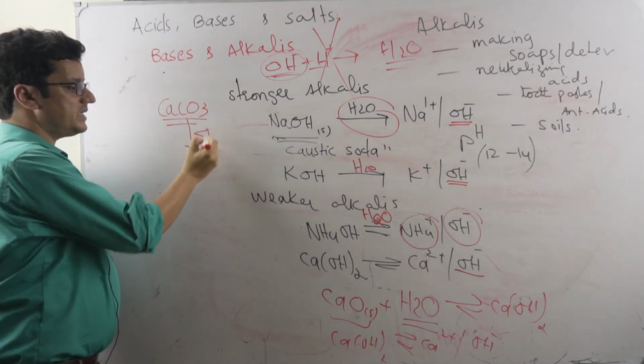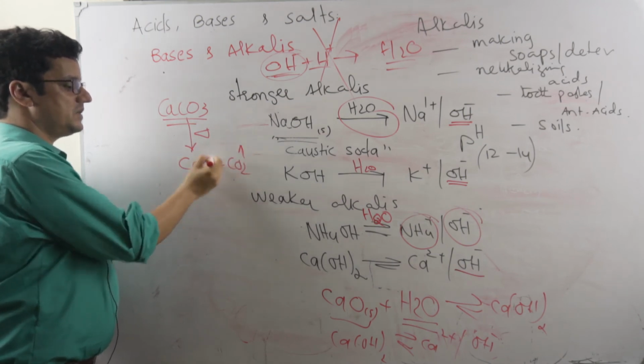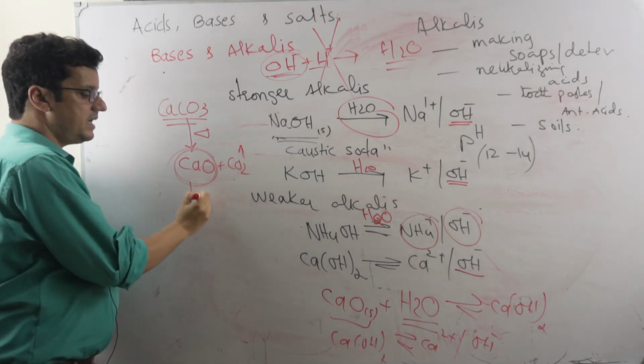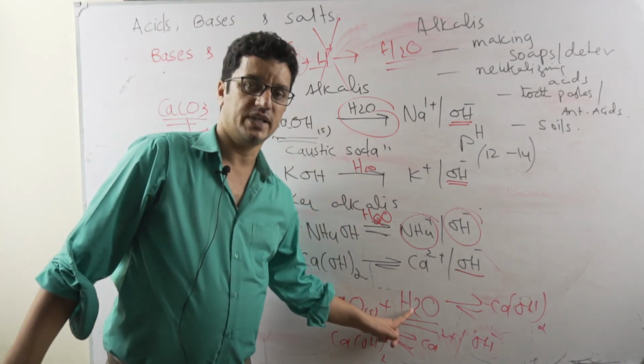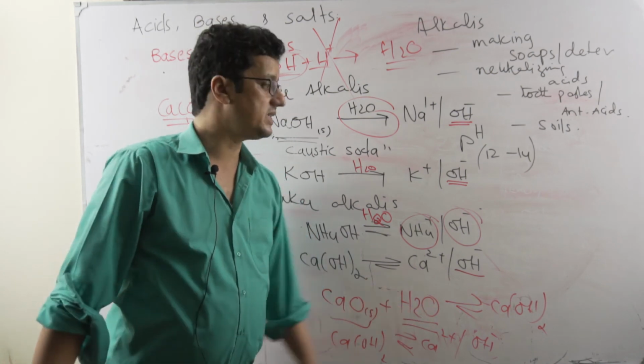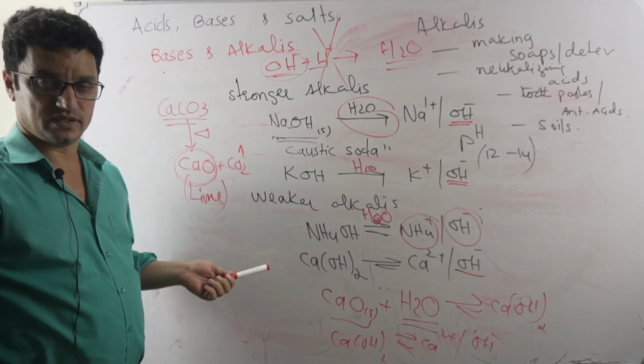Limestone, when you heat it, provides calcium oxide and carbon dioxide on decomposition. This calcium oxide, the lime, is added into soil, mixed in, or added to lakes to kill the acidity. So that is basically the alkalis and their uses.